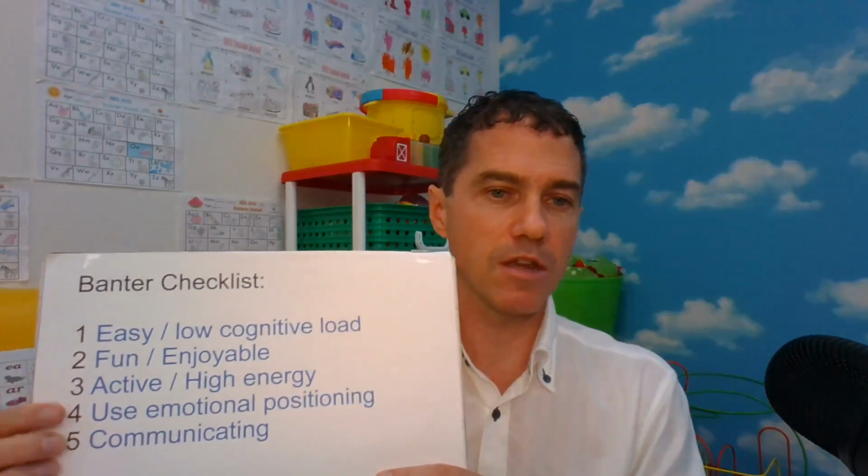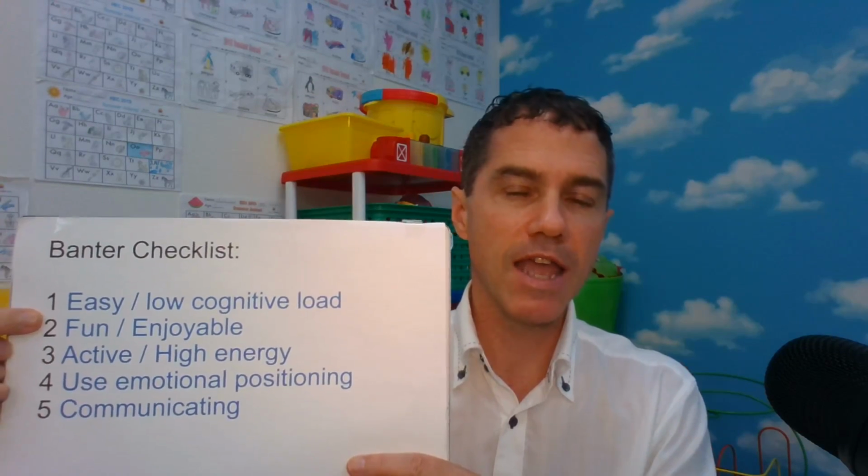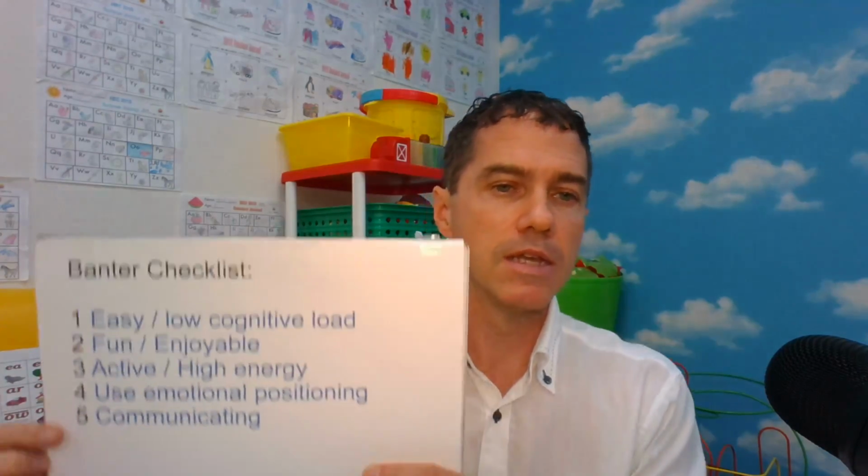Fun might not be the word that I would use for that. So my second rule of banter at the beginning of class is to keep it light and something that is fun and enjoyable for the kids. Because again, you want to get them hooked into your class at the beginning, and something fun is a great way to do that.